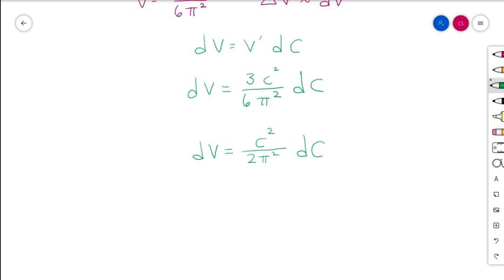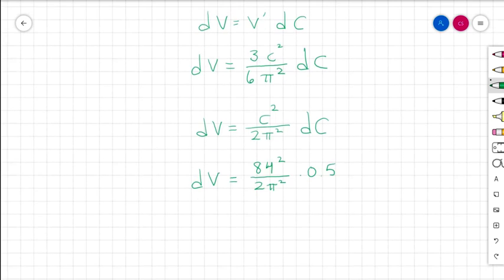All right, and then we know that c is 84, and dc is 0.5. Okay, so clean that up a little bit.